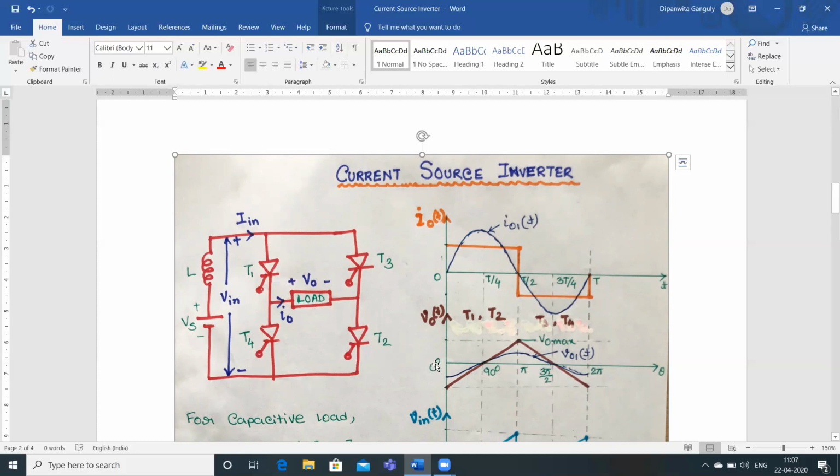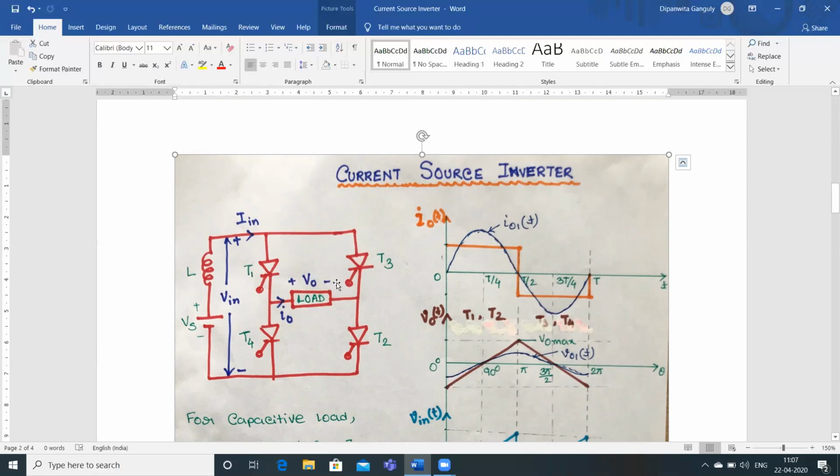Similarly, in between 0 to 90 degree, this is the start time, and before this cycle, T3 and T4 were on. After that, T1 and T2 will start. So before the starting of T1 and T2, T3 and T4 were on. When T3 and T4 were in conduction mode, this side was plus, this side was minus. That means reverse voltage was there.